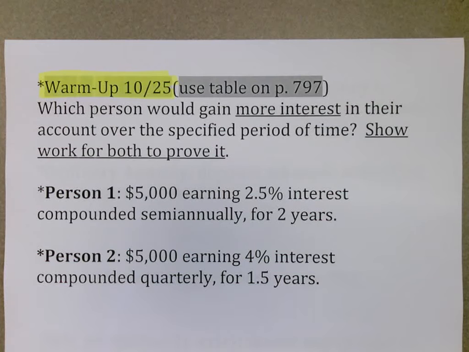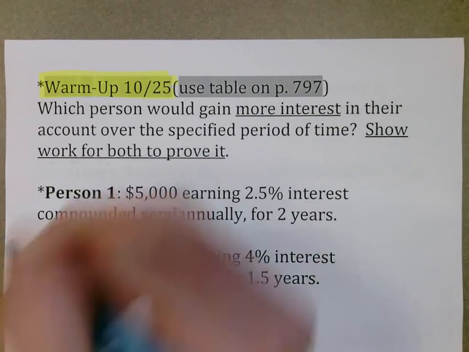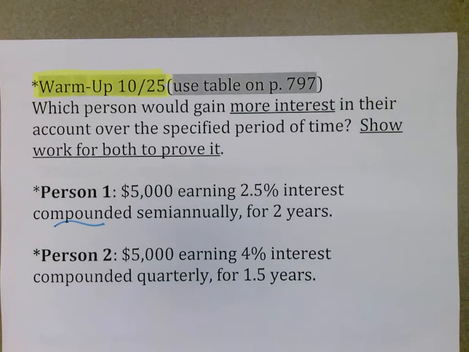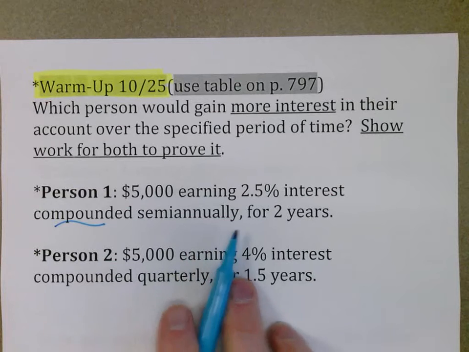The question reads, which person would gain more interest in their account over the specified period of time? Show work for both to prove it. So person number one has $5,000 in an account that's earning 2.5% interest compounded, so this is not simple interest, this is compound interest, semi-annually over 2 years.